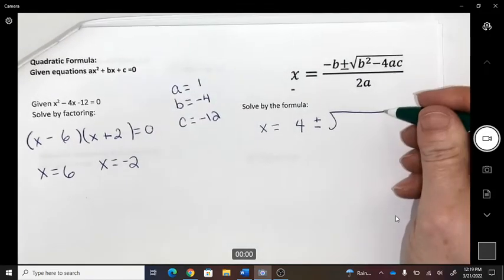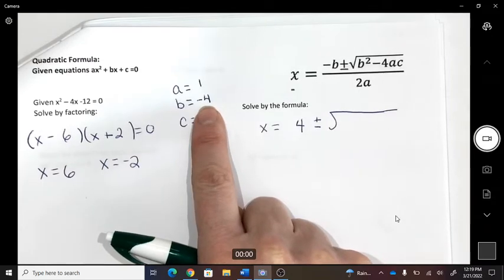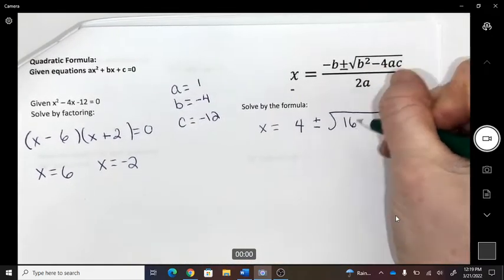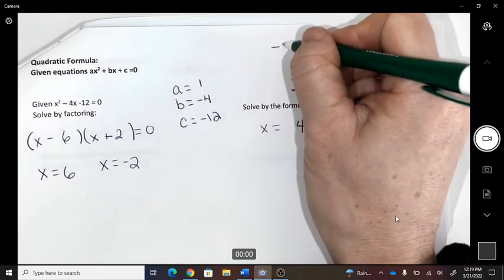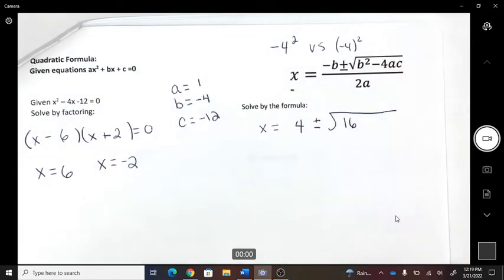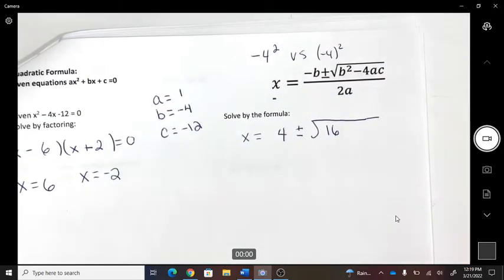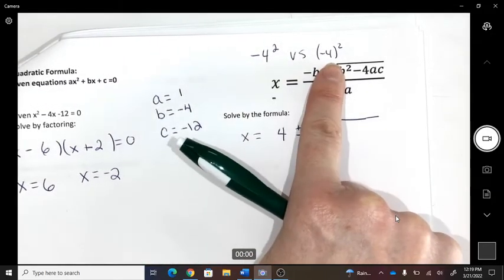okay, what is b squared? We're going to do it, not write it, we're going to just do it. What is this squared? 16. And the reason I just do it is because I get lots of people who make the mistake there. If I was to write it in, which one is correct out of these? This one, option A, or option B is the correct one here?